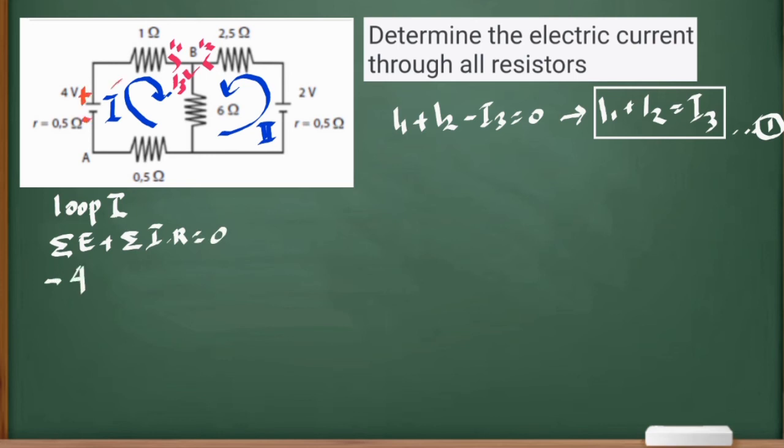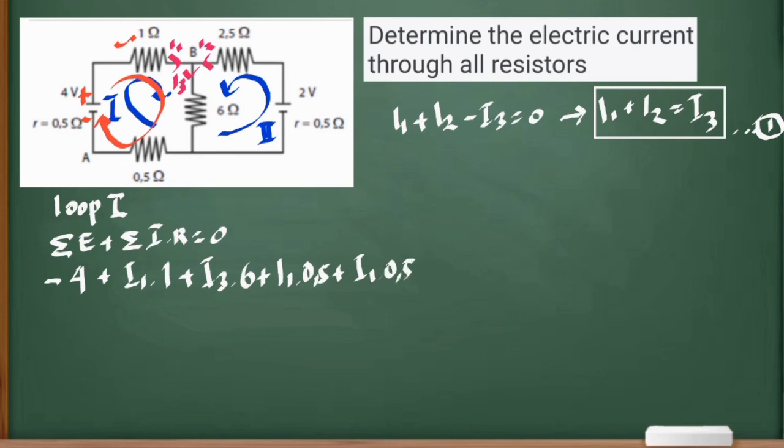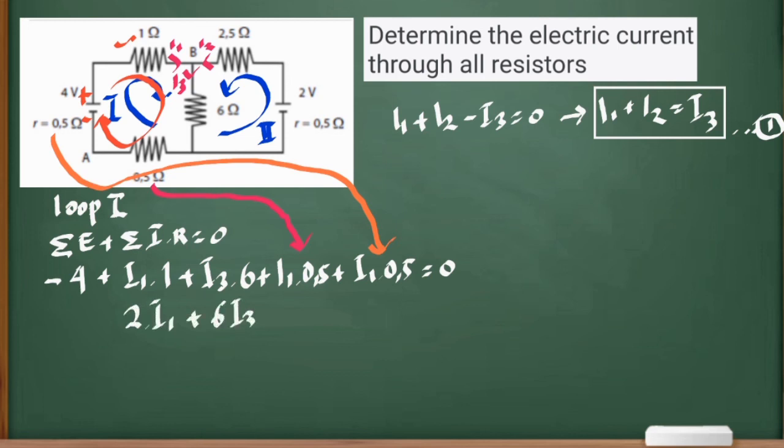And then minus 4, because the EMF's first point is minus, and then plus I1 times 1 plus I3 times 6 plus I1 times 0.5 plus I1 times 0.5, this part and that part, equals 0. So 2 times I1 plus 6 times I3 equals 4. This becomes the second equation.